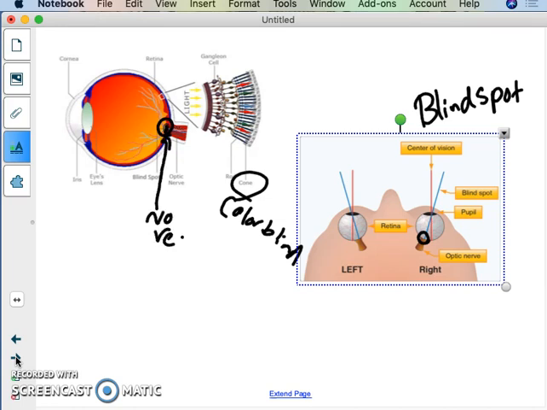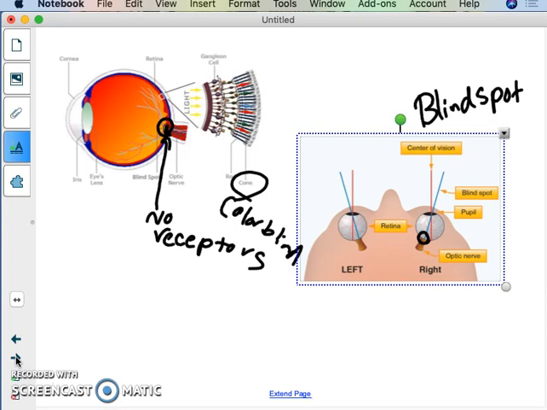So if what you're looking at happens to be positioned right in that little spot, you actually won't see anything. You can do a little test by moving a pen in front of your eye, but you need to have your other eye closed. It doesn't really affect us that much unless you only have one eye, because the blind spots are in two different places, so what one eye doesn't pick up, you see with your other eye.